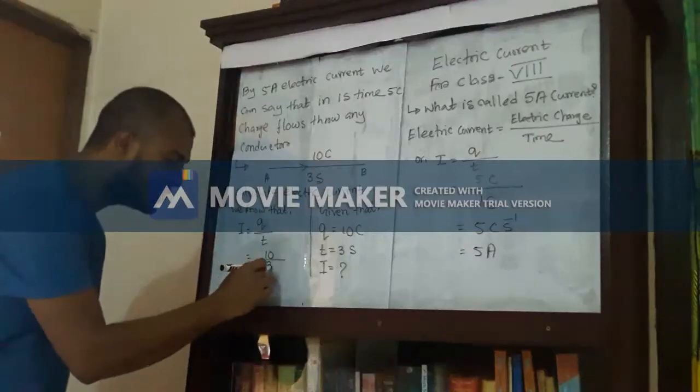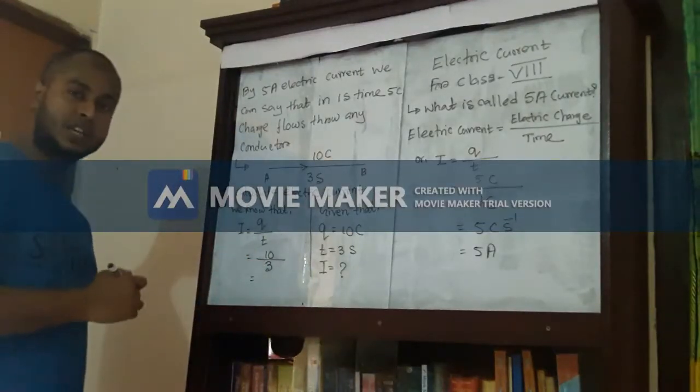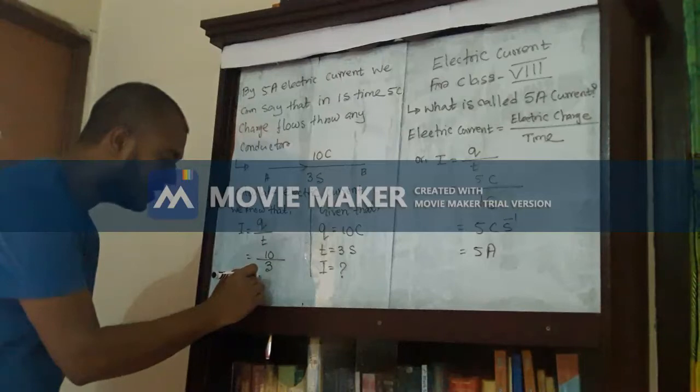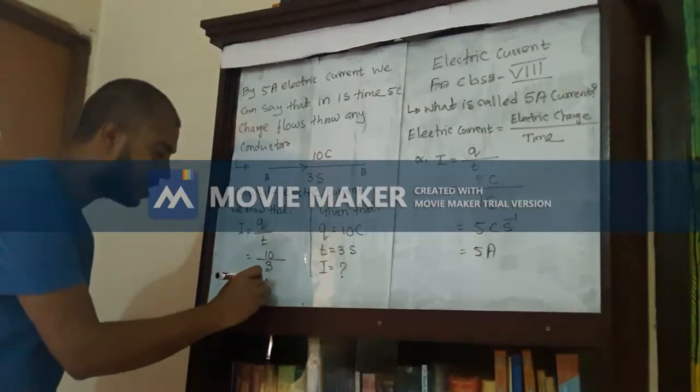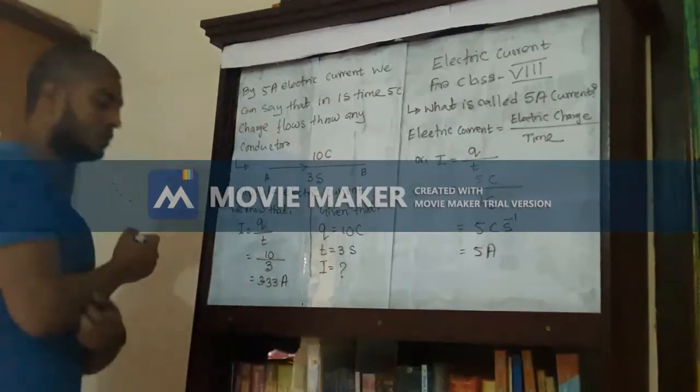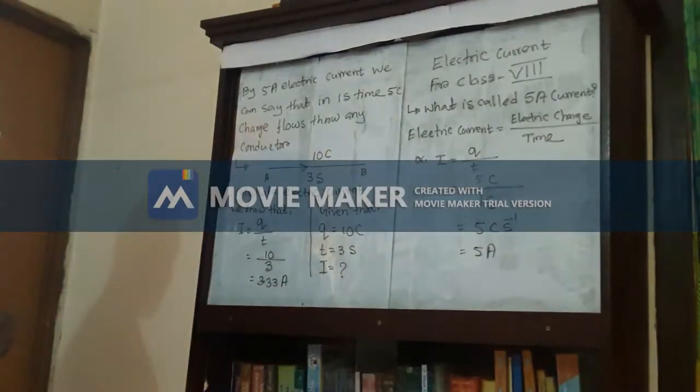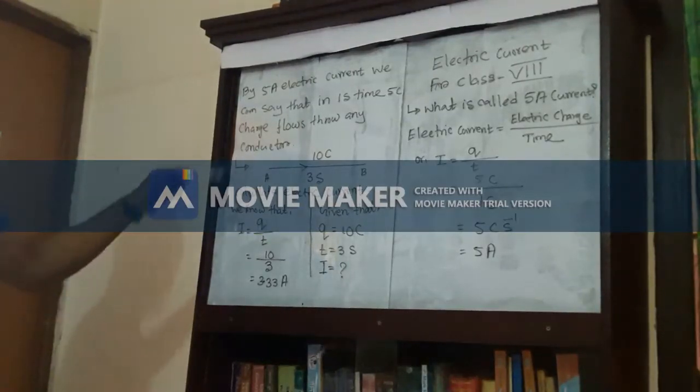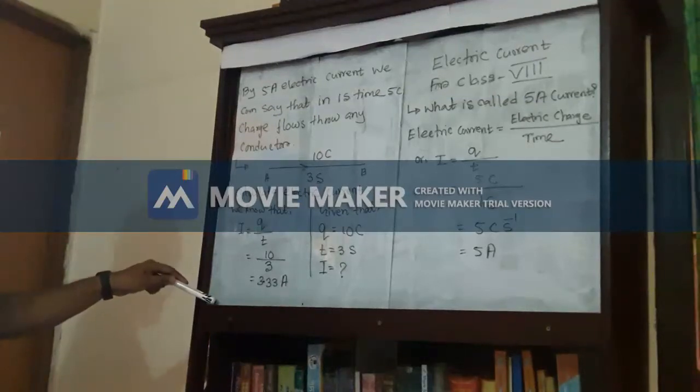After dividing this term, you can say that the current will equal to 3.33 ampere current flows through this conductor. So by this procedure, we can solve a mathematical problem to calculate electric current.